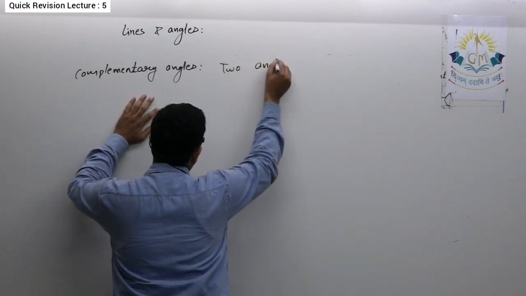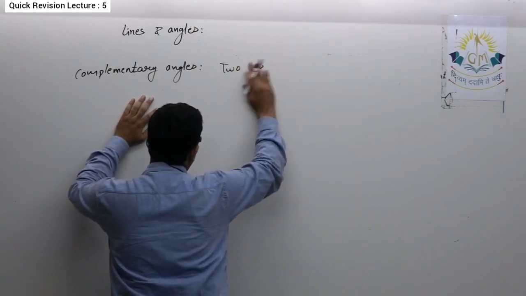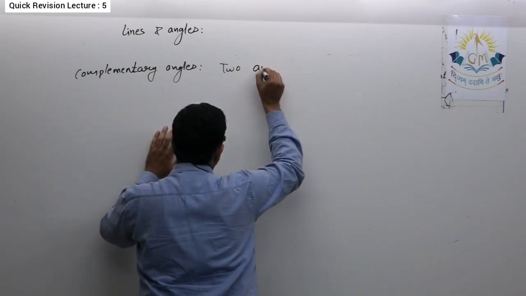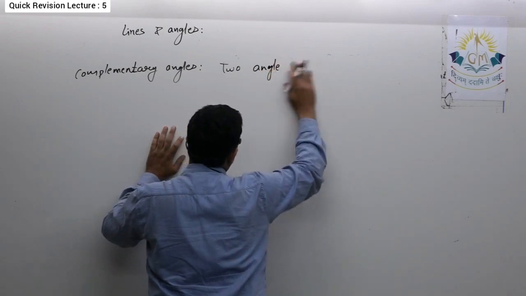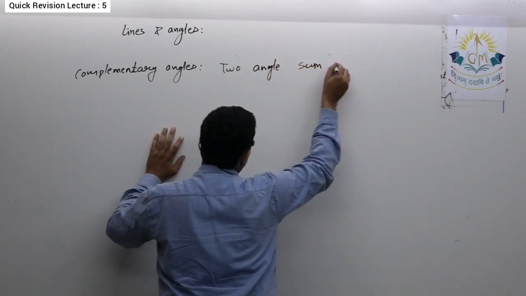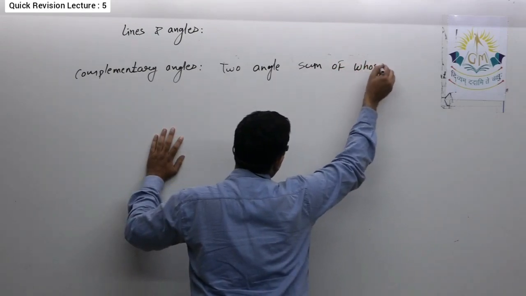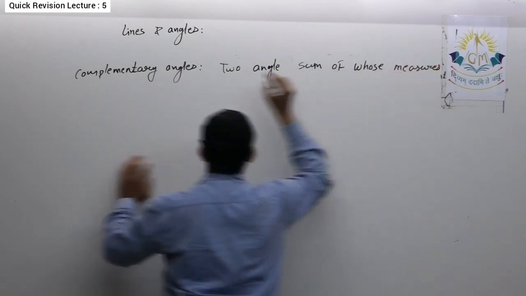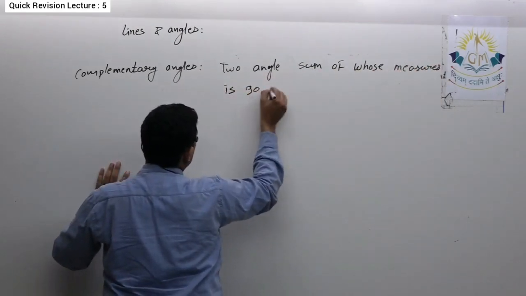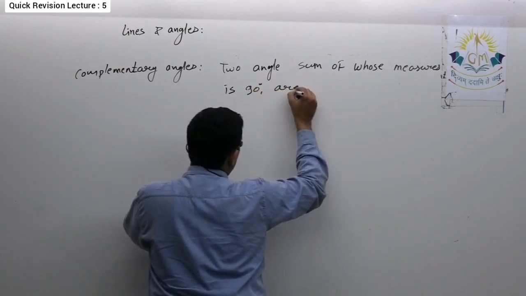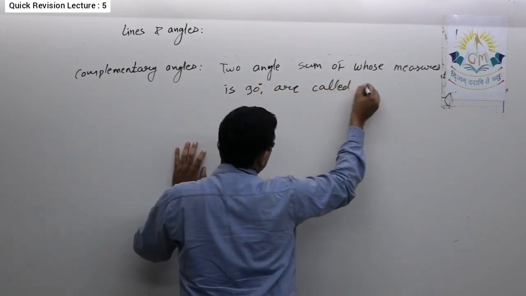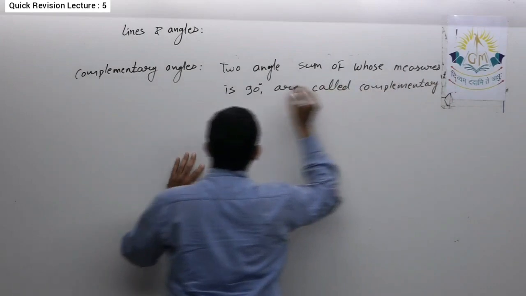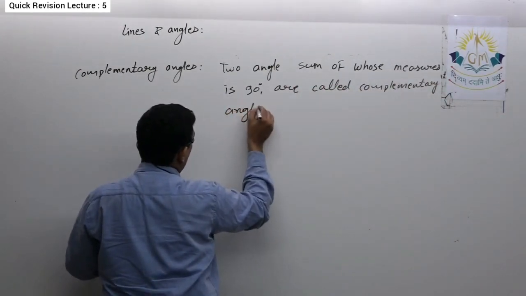Two adjacent angles, sum of whose measures is 90 degrees, are called complementary angles.